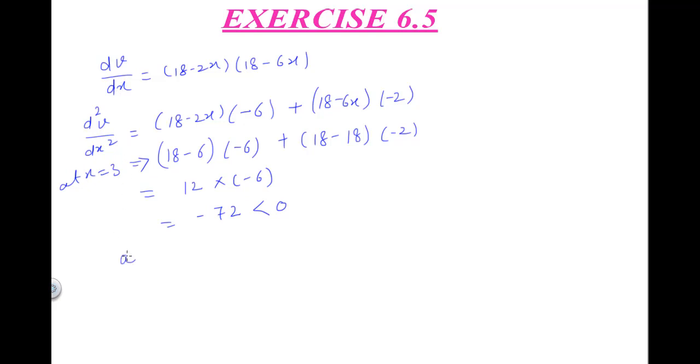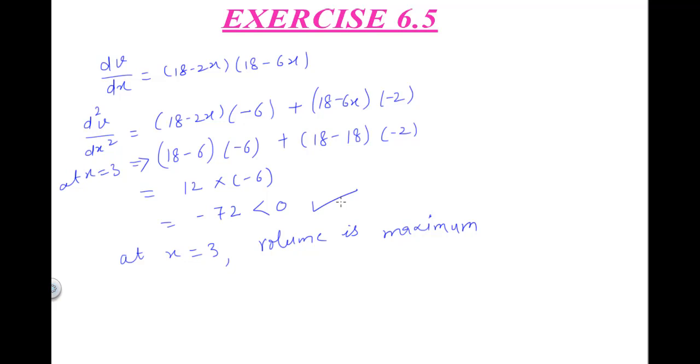That means at x equals 3, the volume is maximum. Clear? So whenever it is asked that you have to show the volume as maximum, you have to find the second order derivative of volume, and at the value of x that you get by putting the first order derivative equal to 0, you have to prove that it is less than 0. Clear? So this is how you are going to find out.